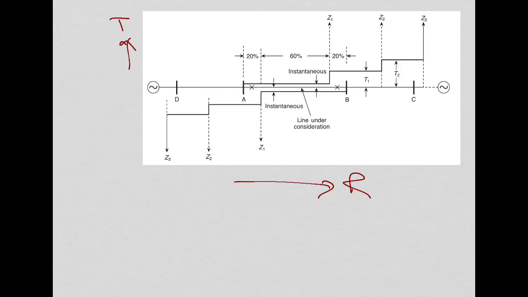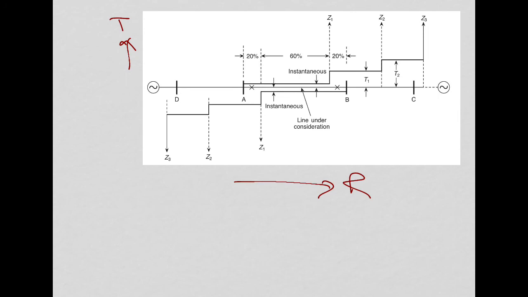It can be seen that only 60% of the line gets the high speed distance protection. The remaining 20% here and 20% here is left, that is, it falls in step 2, which is delayed. So this is clearly not a good situation.